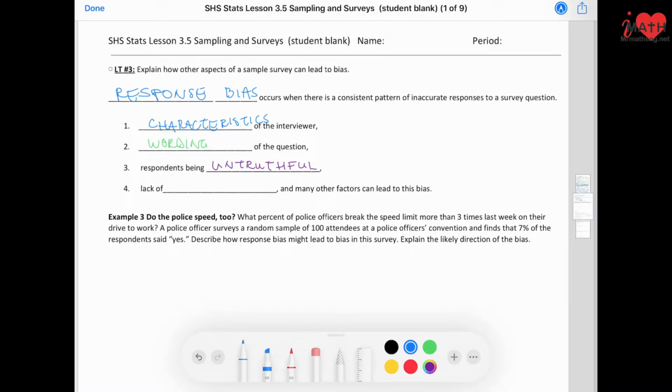So again, how people respond. And then number 4, the lack of being anonymous, or I don't know how to say anonymity. He's laughing at me. You can't be anonymous. You can't be truthful. Someone's going to know who you are, so sometimes people don't want to be honest.